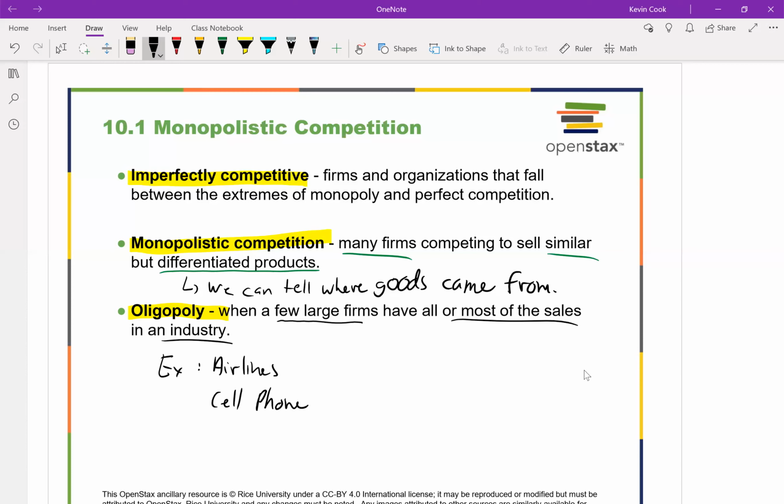They control a very large share of the market, and that's what our oligopoly is going to look at. And same thing with the cell phone providers. For the most part, America has five networks: Sprint, AT&T, Verizon, T-Mobile, and US Cellular.